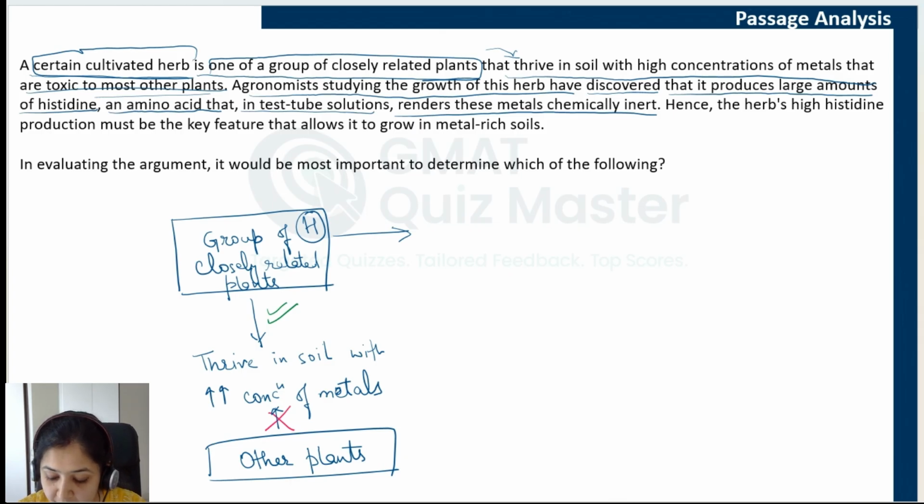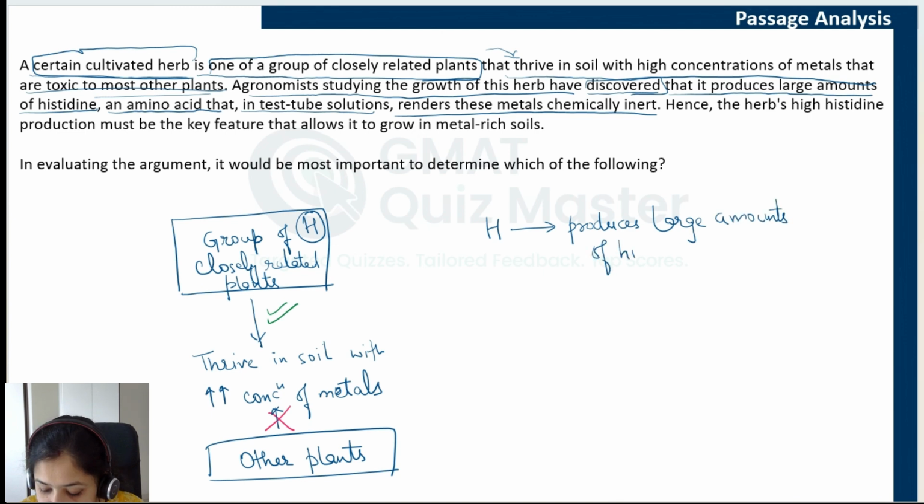They have discovered that this herb, herb H, produces large amounts of histidine. This is a fact that we know about this herb H.